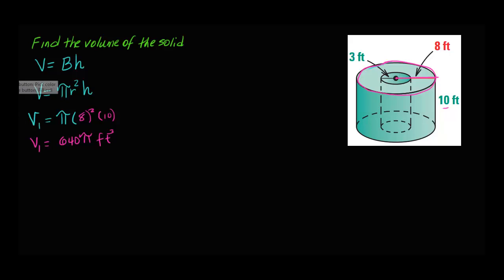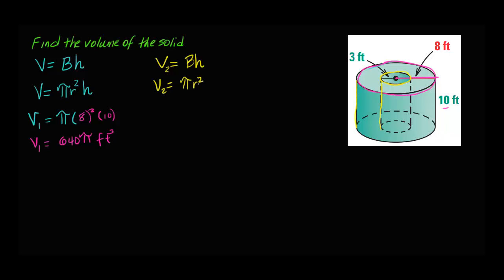Okay, now let's do the volume for the small cylinder. So the volume again, volume 2, we said would be the area of the base times the height. Volume 2 is equal to the area of the base. Again, this smaller cylinder, the base is a circle, so I have to use the formula for the area of a circle. So here it is, pi r squared times the height of this cylinder, which is the same height as the outer cylinder. It's 10.